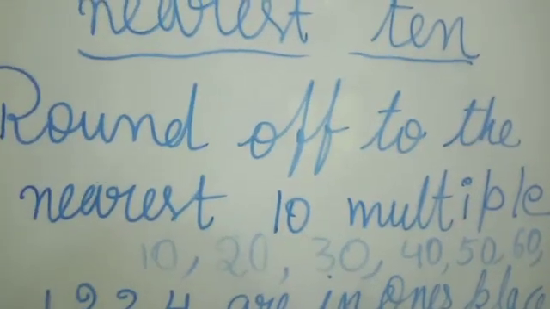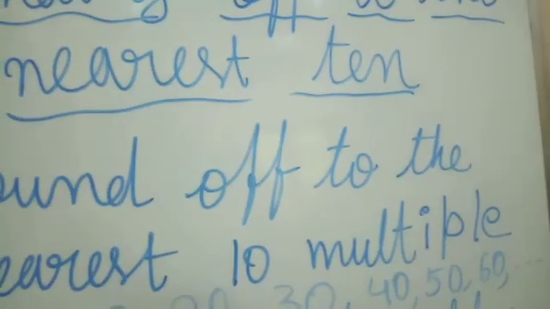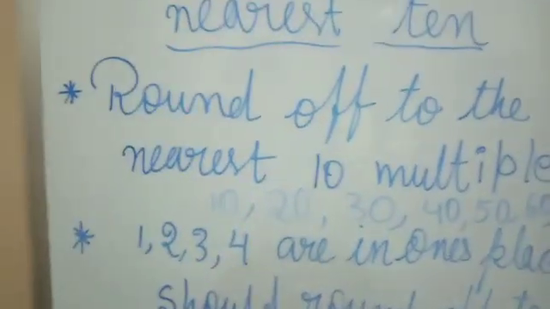You should round off the number to these numbers when it asks to round off to its nearest 10 multiple. So we have two rules to round off the number to its nearest 10 multiple.